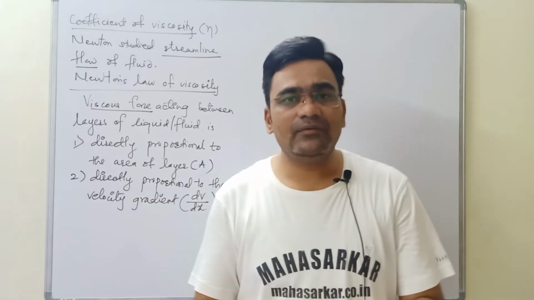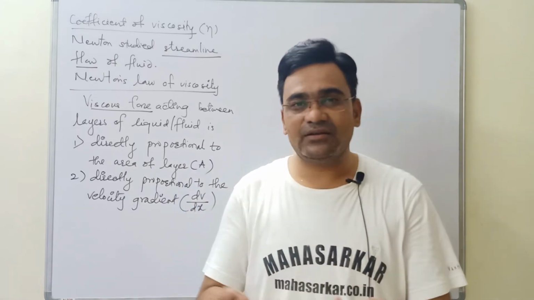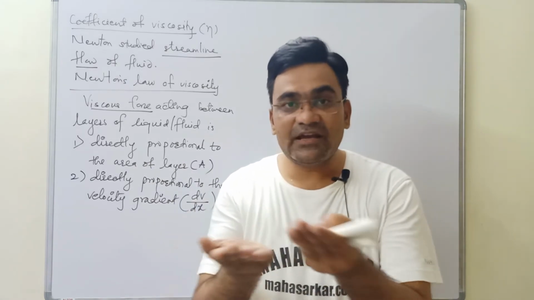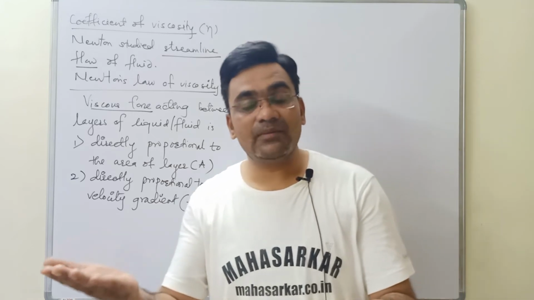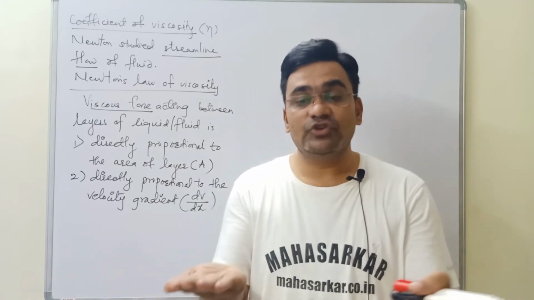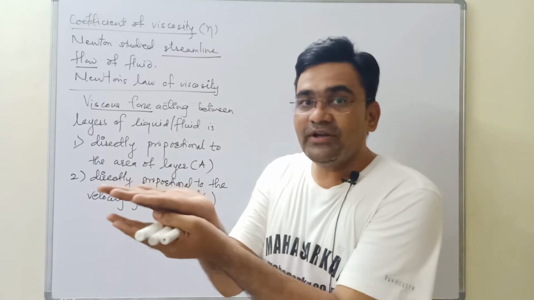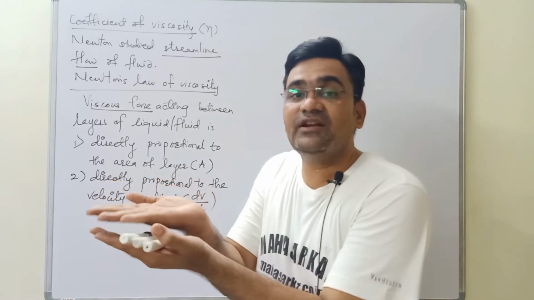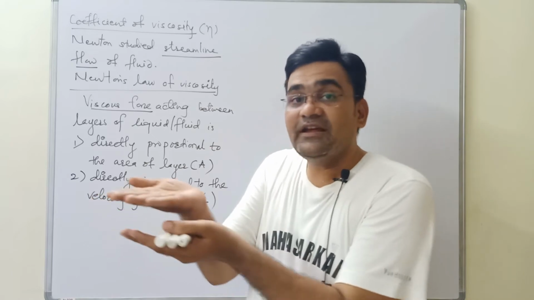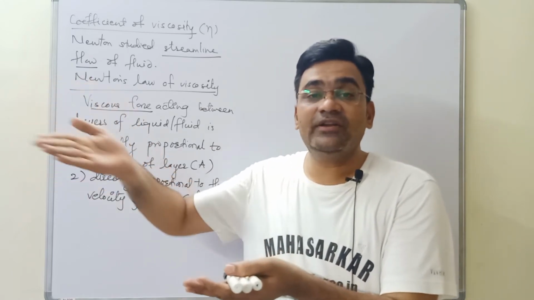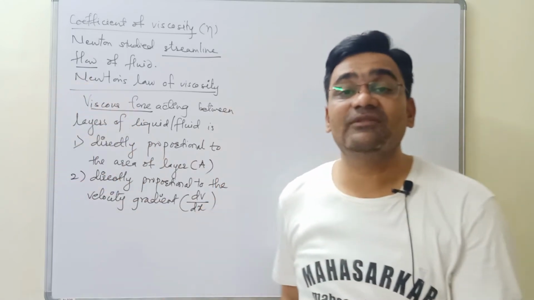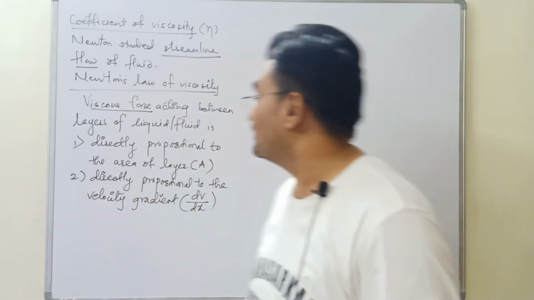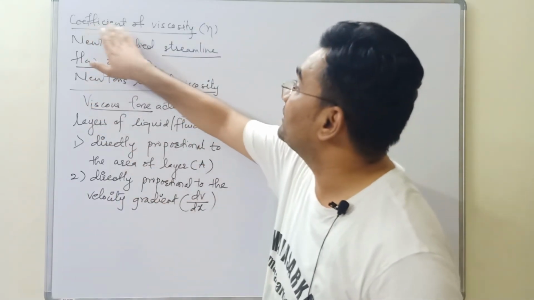Why must he have suggested it like that? The logic is very simple. When the area is more, the number of molecules is more, as I said previously. So when 10 molecules are there and they are opposed by 10 molecules, then we can consider the resultant force to be 0. But when the area is increased, and 100 molecules are opposed by 10 molecules, then there will be a more effective resistance, and that resistance here will be nothing but what?